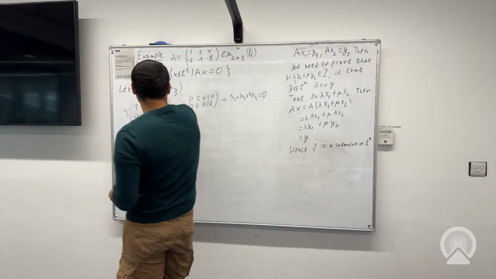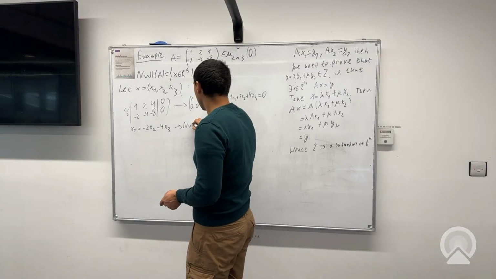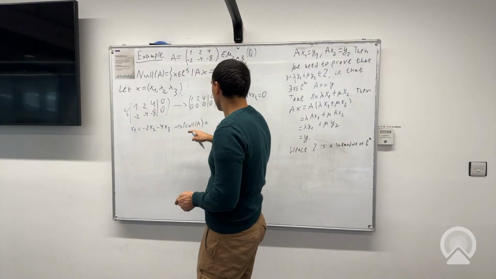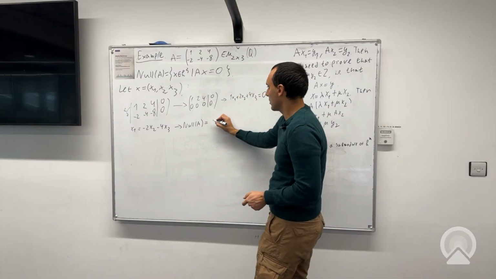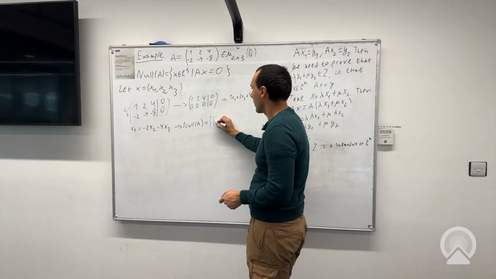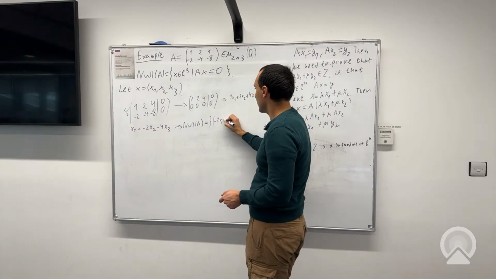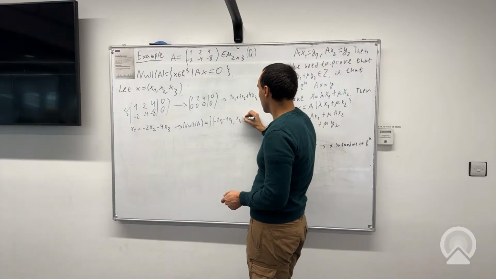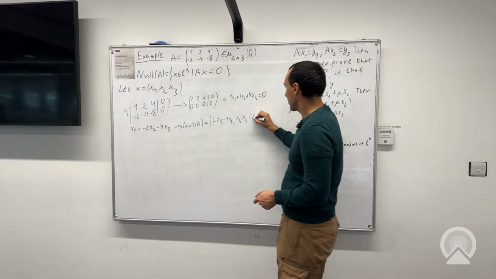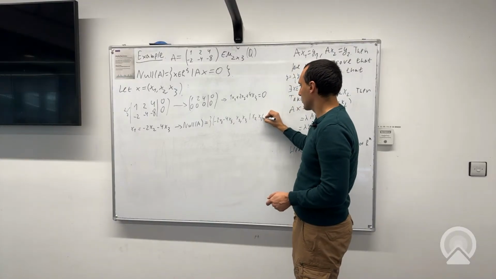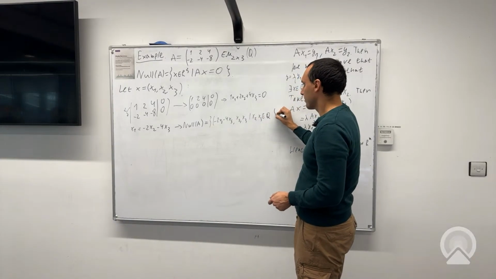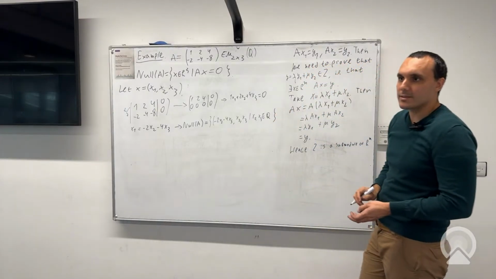So we have that the null space of A is the set of vectors (minus 2x2 minus 4x3, x2, x3) in Q^3. This is how you solve linear systems.